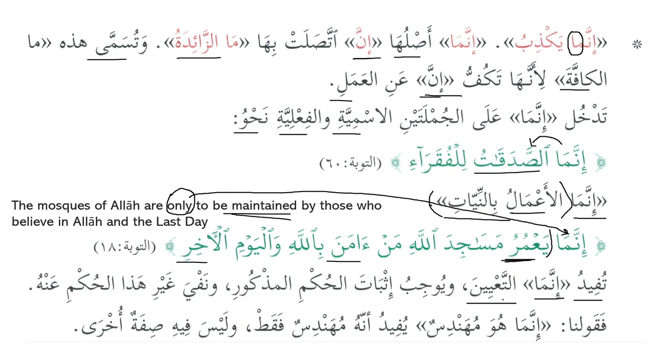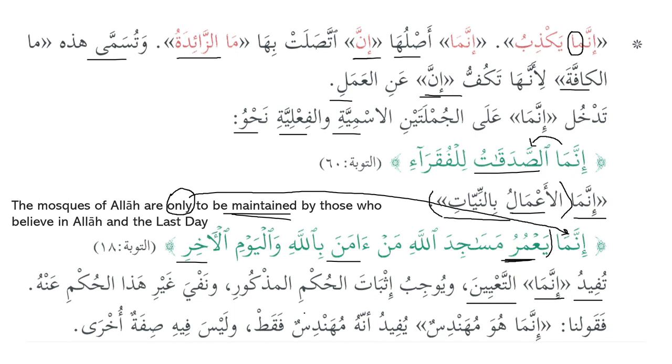It gives the meaning of specification. In other words, it gives the meaning of emphasis. Inna is used for emphasis, and innama is also used for emphasis. So if a sentence is a regular nominal or verbal sentence, when we use innama with that, then it becomes an emphatic sentence.